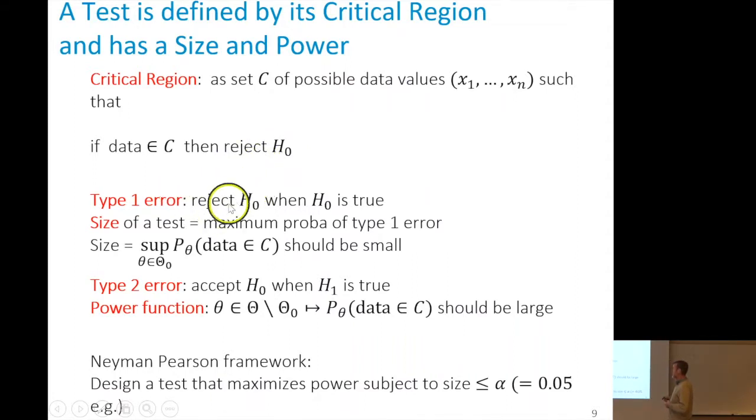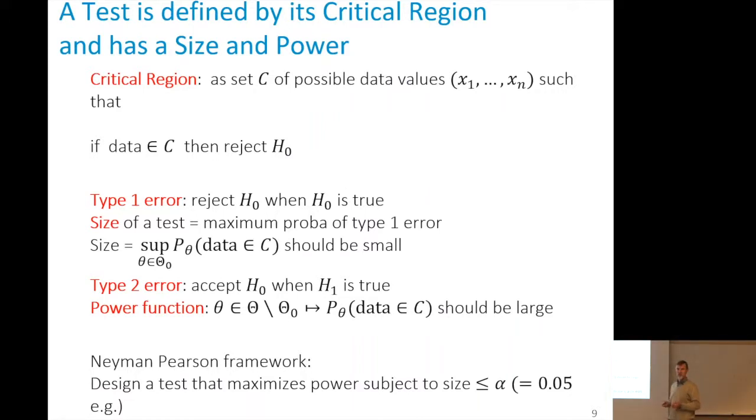We decide that H0 is not true when in reality it is true. This can always happen, at least for common probabilistic models, with non-zero probability. The worst case probability of that, over all cases that correspond to H0, the null hypothesis, is called the size of the test. So we want it to be small, a few percent.